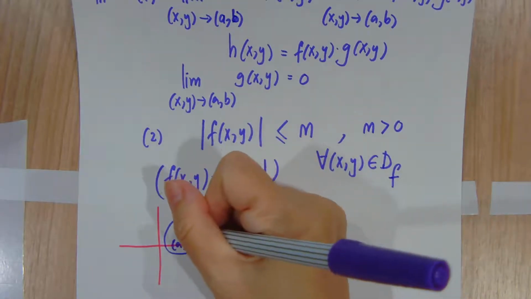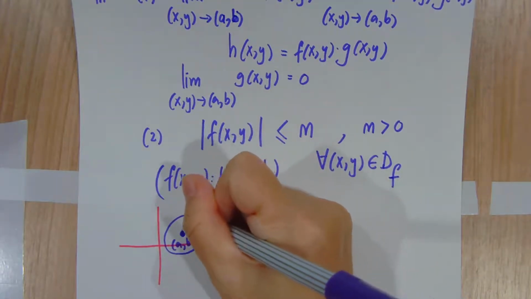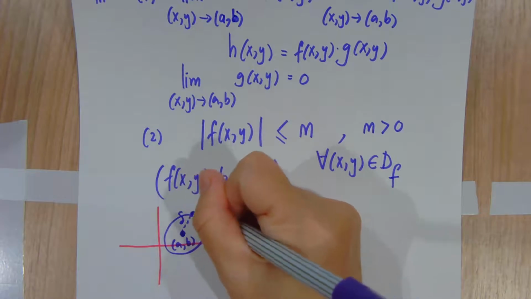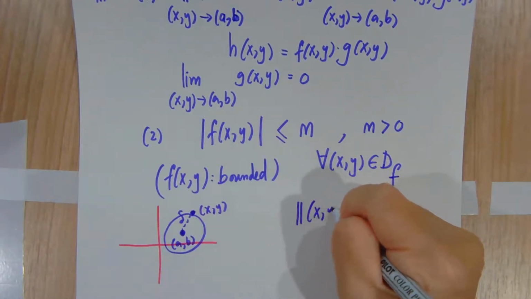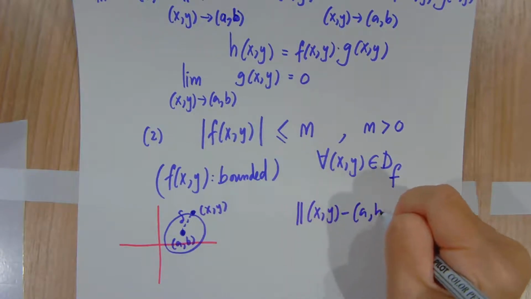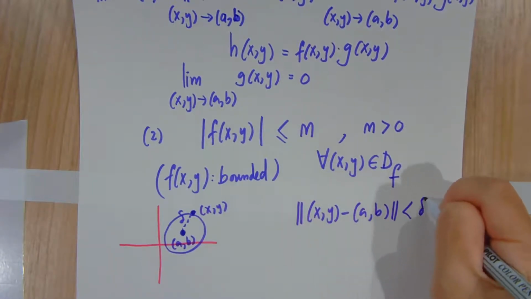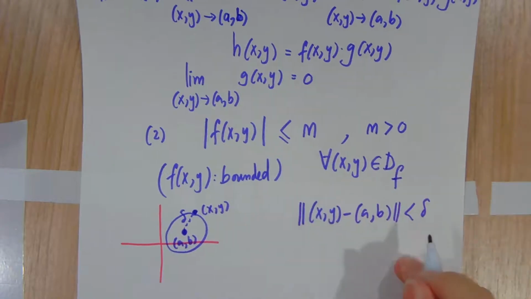We have to find the delta at any point (x, y). So we have to consider every (x, y) such that the distance from (a, b) is less than delta.